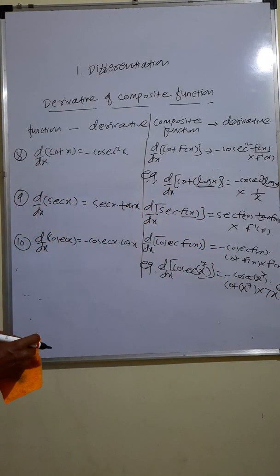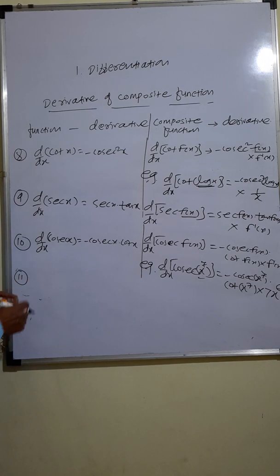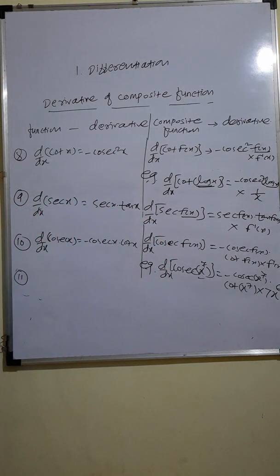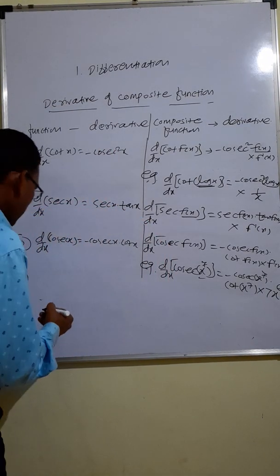And so there are the 6 trigonometric functions. Now we take the next standard functions, which are exponential functions.